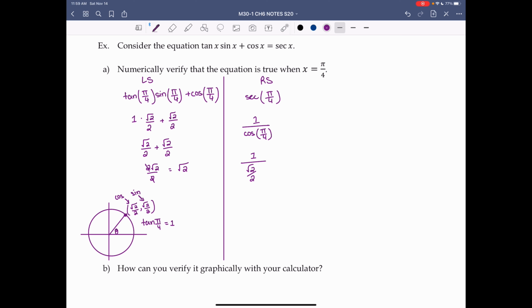We are dividing by a fraction, so we multiply by the reciprocal: 1 times 2 over root 2, which gives us 2 over root 2. Then we can rationalize the denominator by multiplying top and bottom by root 2, and we would get 2 root 2 over 2. And then we divide the 2's out to get root 2. So the left side equals the right side for this specific angle of pi over 4.